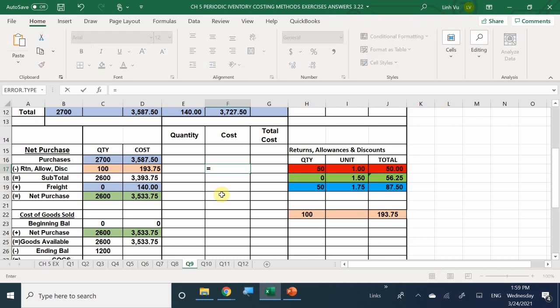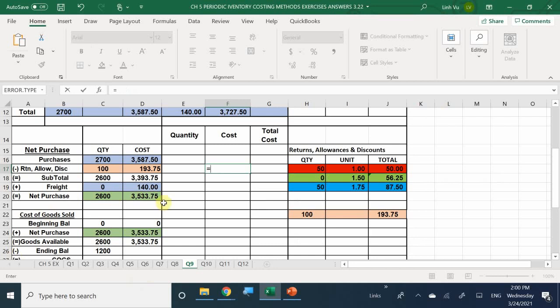So the new average cost per item is going to be your total goods available cost, this 3,555.75, and you're going to divide it by the total amount of quantity that you have available, which in this case is your, I cell referenced the wrong number.